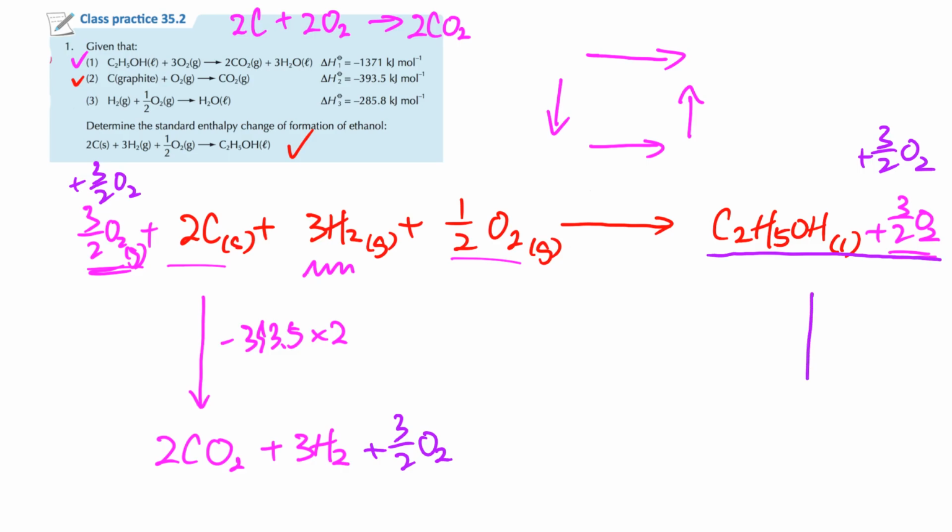Adding up together, according to the equation, you have 2 carbon dioxide and 3 H2O. Because this equation is pointing towards the carbon dioxide and water, according to this you have negative 1371 kilojoules per mole.